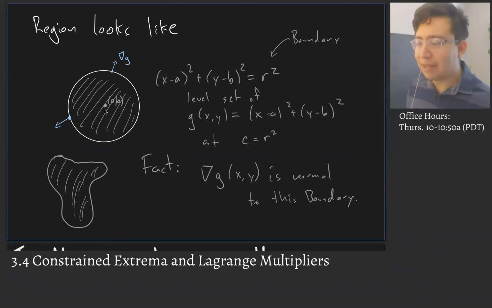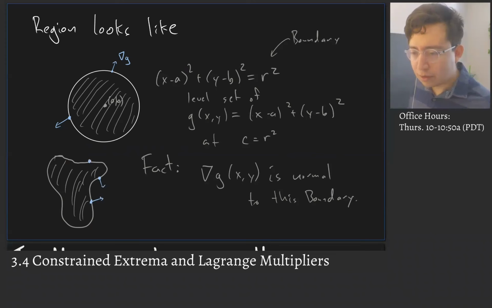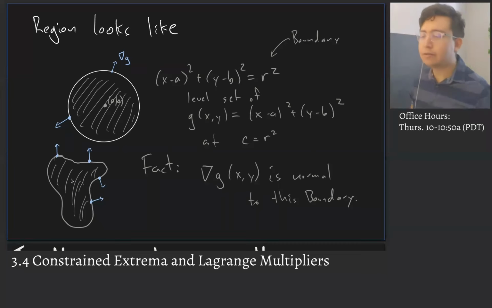But if you had some equation that described what this shape looked like, then the gradient would be normal to this boundary at every point. That's just a little geometric reminder of what we can do with level sets.